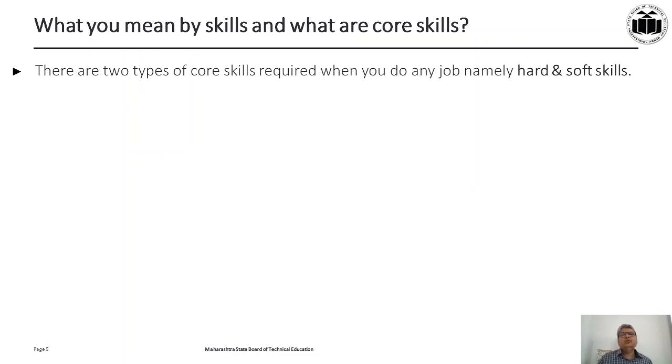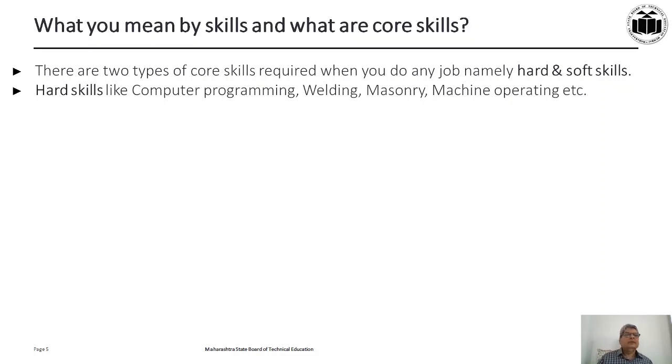Now, there are two types of core skills required when you do any job. They are called hard skills and soft skills. Hard skills, you can say computer programming, welding, machinery, machine operating, and you can keep on listing them.